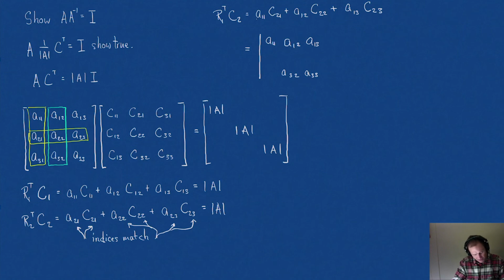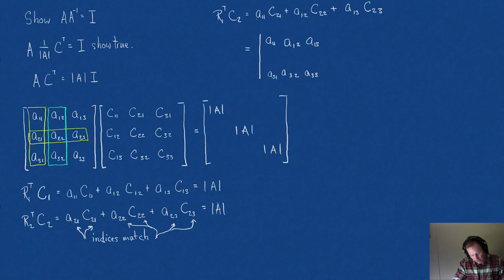Now the next one says A12, and then I would be left with C22. So C22 would leave me with A11. We've got that. It would leave me with A31. Like that.